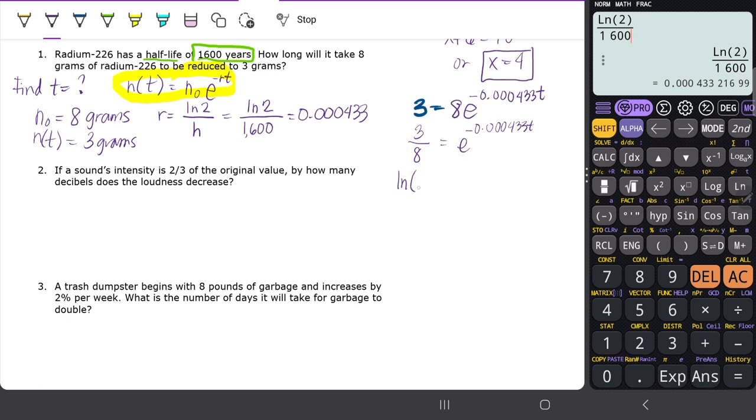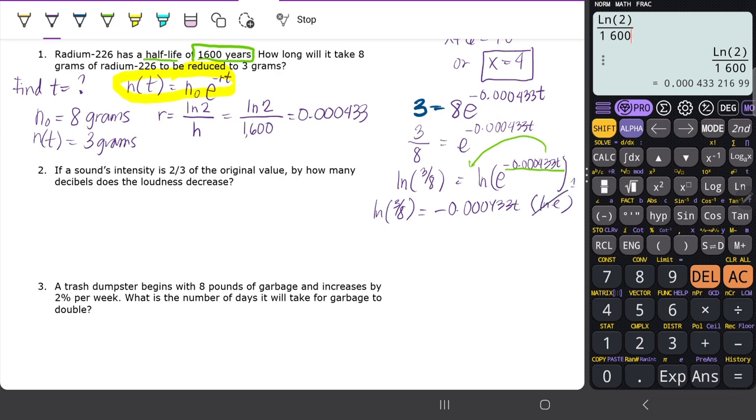So, this is ln of 3/8 equals ln of e raised to negative 0.000433t. Okay? So, by power rule, pwede natin tong ilabas. Okay? So, giving us ln of 3/8 equals negative 0.000433t times ln of e, which is just 1.